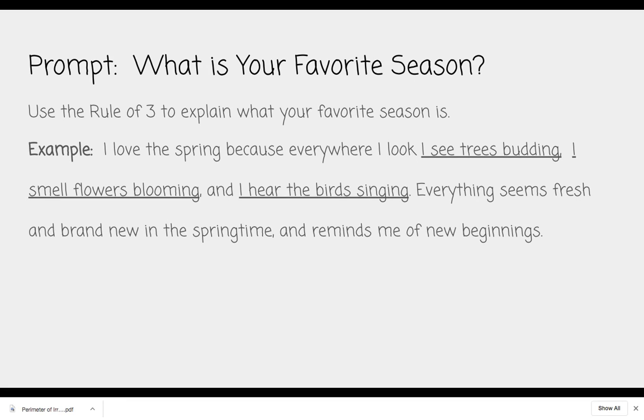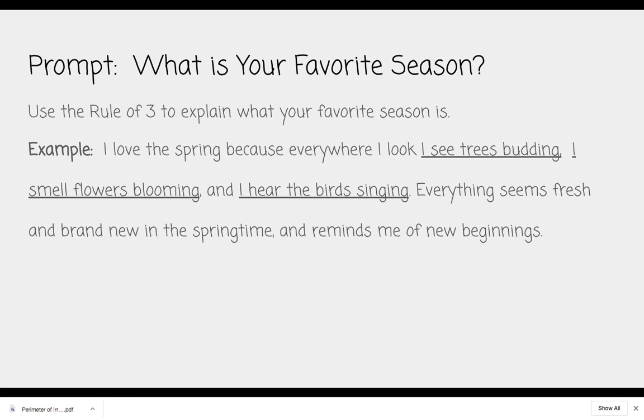Here's my example. I love the spring because everywhere I look, I see trees budding, I smell flowers blooming, and I hear the birds singing. Everything seems fresh and brand new in the springtime and reminds me of new beginnings.